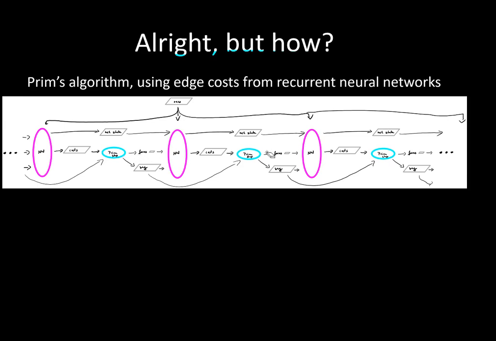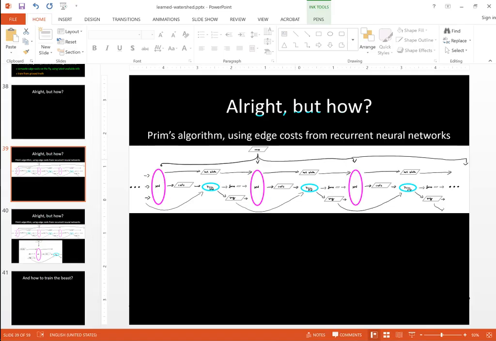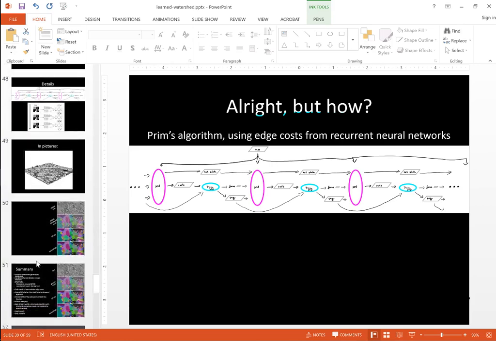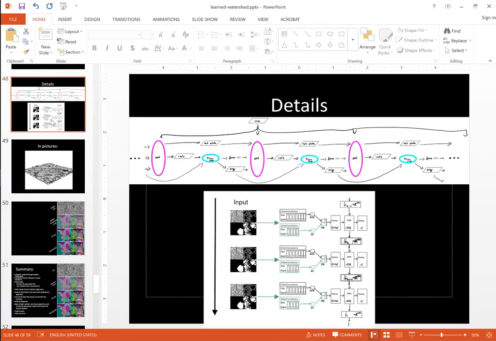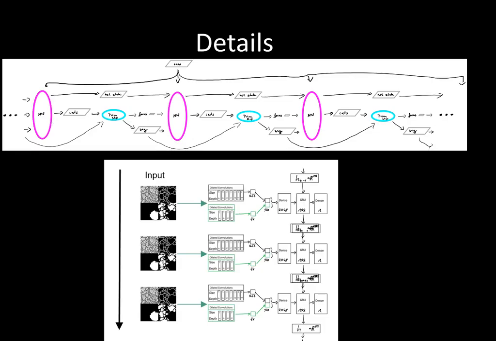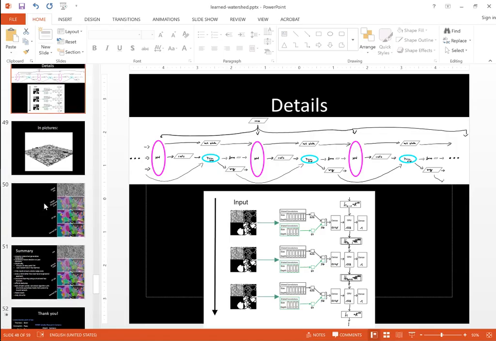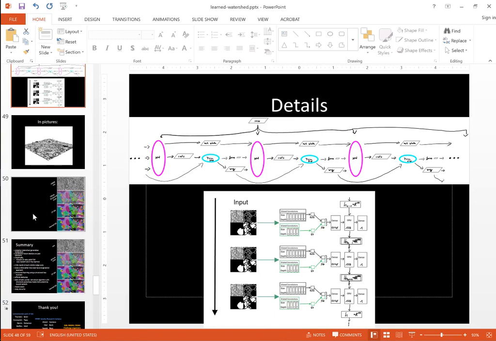So we keep the structure of the algorithm, but we use a neural network here, shown symbolically in magenta, to estimate the costs of the edges which have become newly reachable. And so this can be written as a deep network, which can be trained from ground truth data using backpropagation.